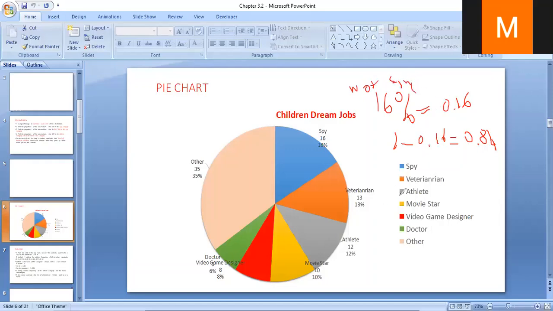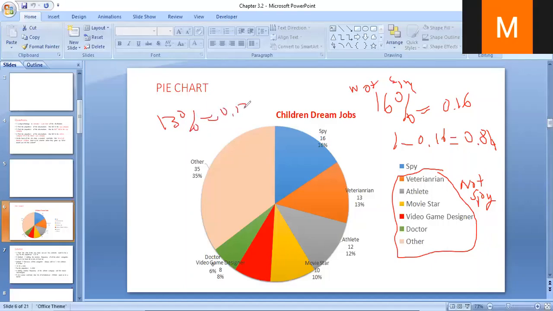Or you add everything together, you can find not in spy. If you look at it, the veteran proportion is 13%. That is 0.13. Proportion of athletes is 12%, proportion is 0.12. And when you convert from percent to decimal, it is called a proportion.